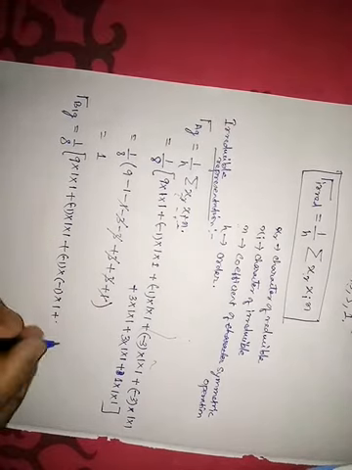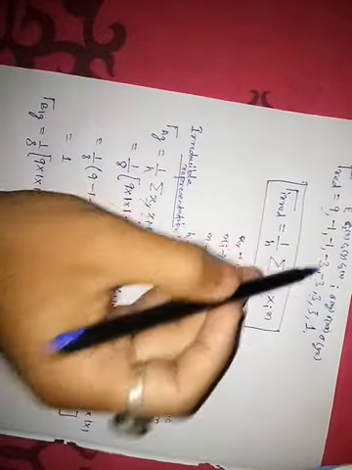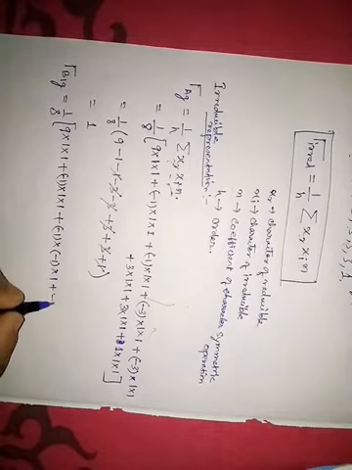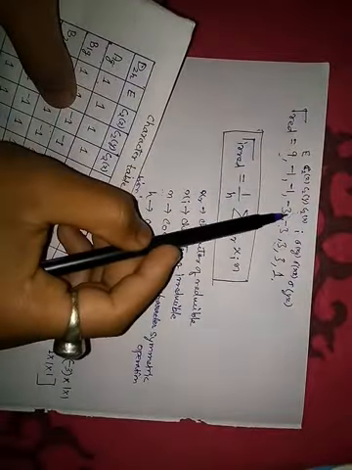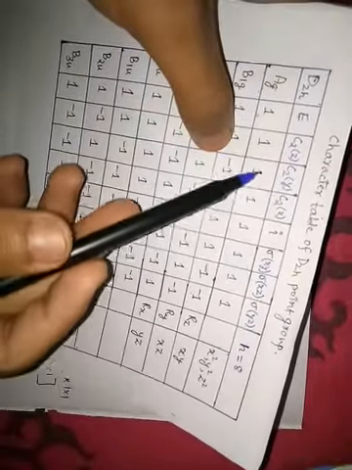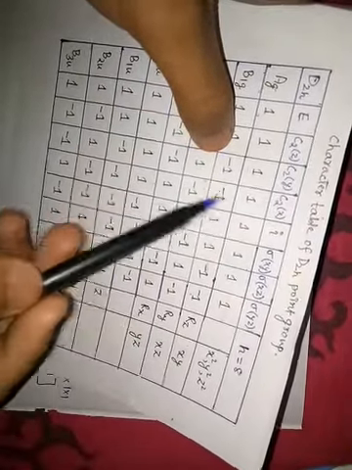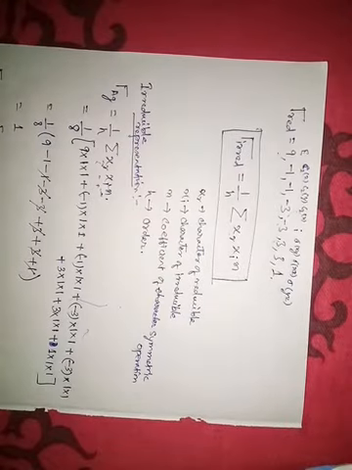Then you have -3 into C2x. C2x is also -1, no? So here -1 into 1.